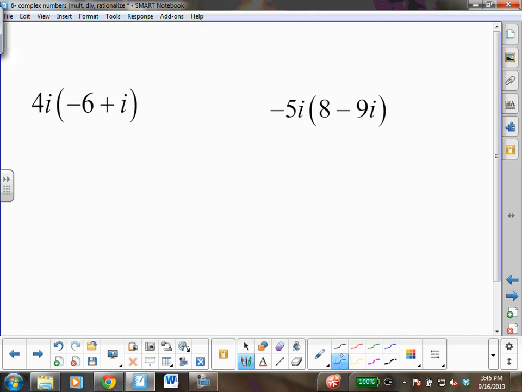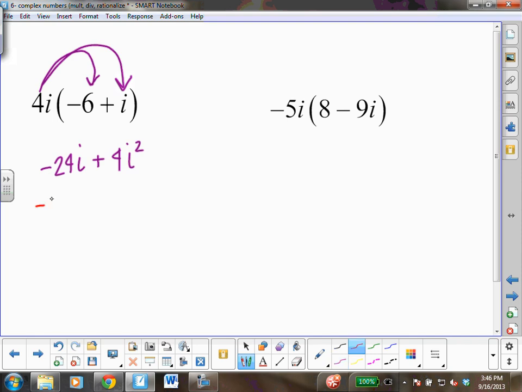We can apply the distributive property to complex numbers. I can multiply complex numbers and constant numbers, similar to how I would multiply like 4x and negative 6. This becomes negative 24i, and then 4i times i is 4i squared.